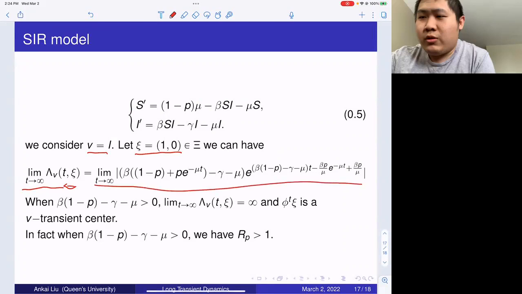It might seem scary, but the most important term is this one, which is related to the basic reproduction rate. As long as this term is greater than 0, this big lambda will go to infinity, and at the same time psi is actually a V transient center. So again, you can see this tight connection between big lambda going to infinity and psi being a transient center.